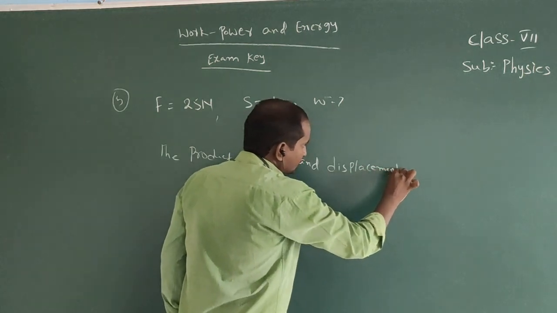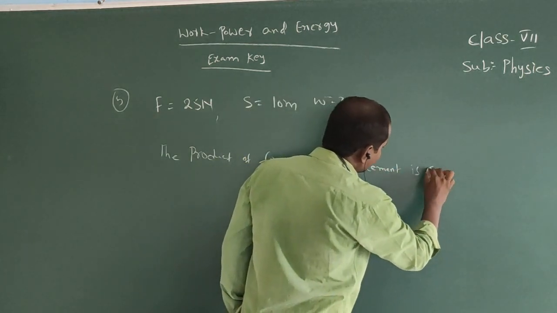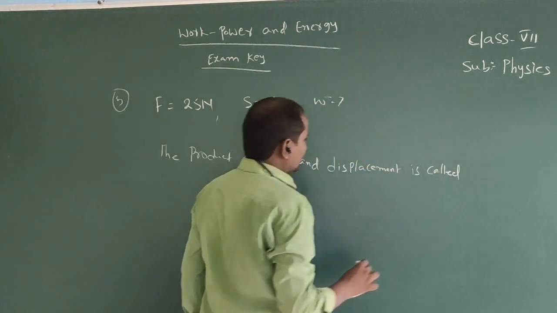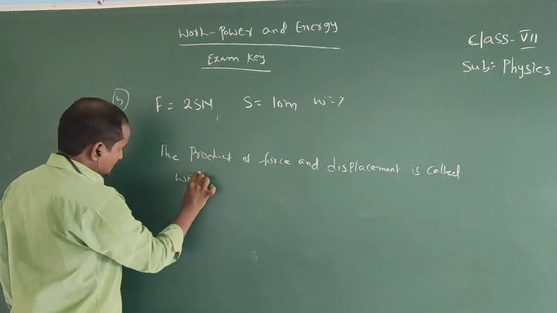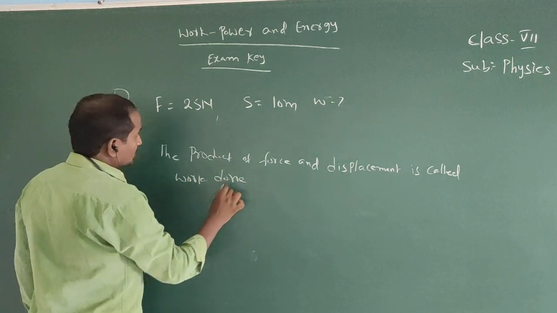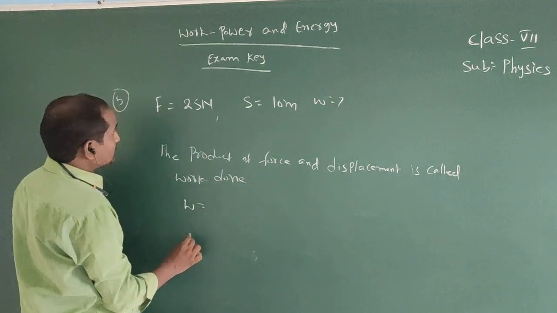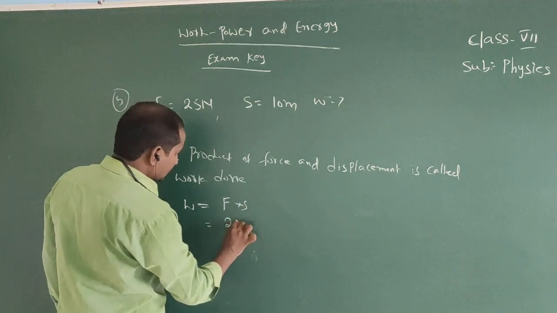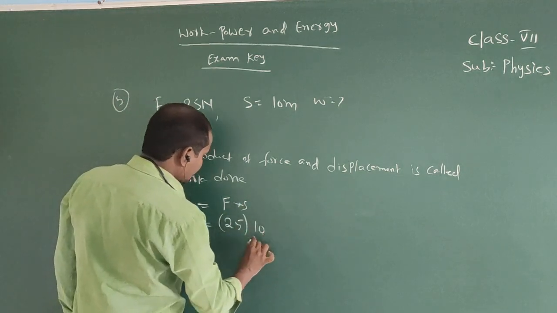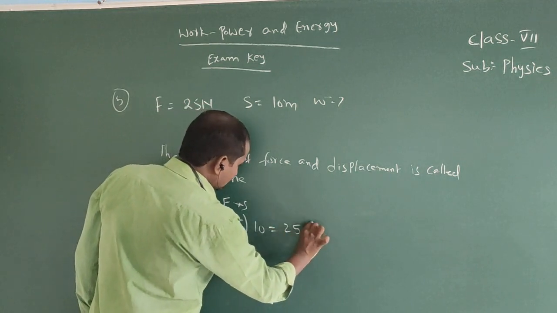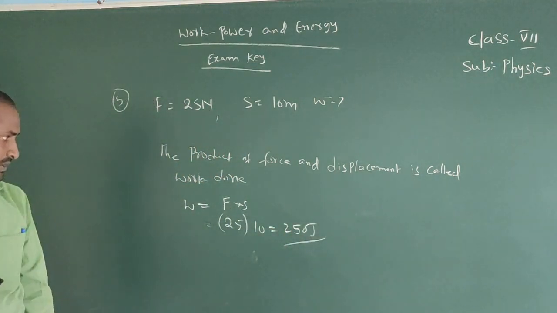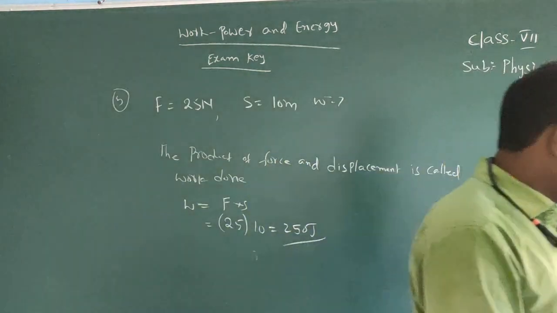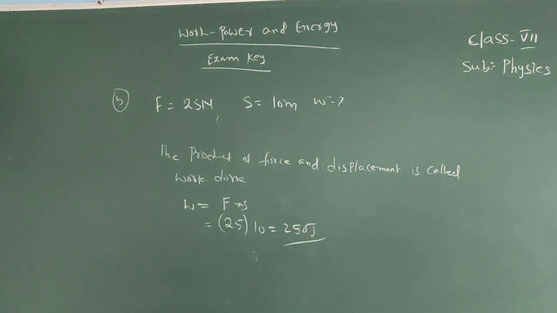The product of force and displacement is called work done. So here work done equals F into S, that equals 25 into 10, that equals 250 joules. 250 joules. Okay.